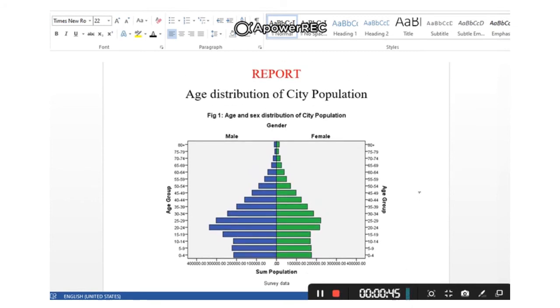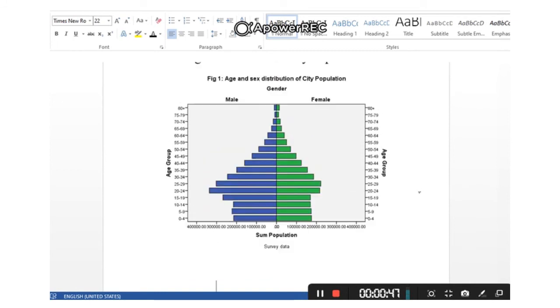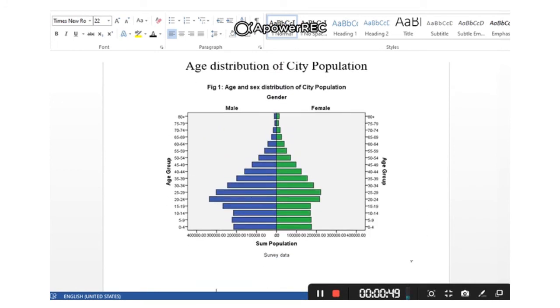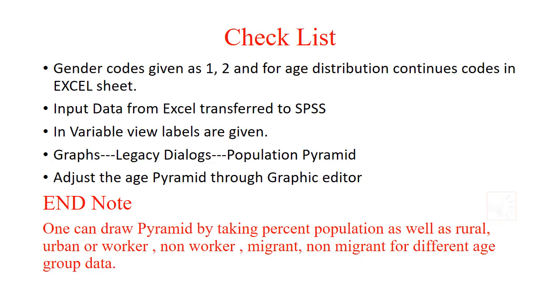Therefore, this will show how to write a report and how to prepare the graph by using the age pyramid. In this video, we have understood how to code by gender: male is given as 1 and female as 2, and age distribution is given continuously from 1 to 17, whatever age groups are there in the Excel sheet.